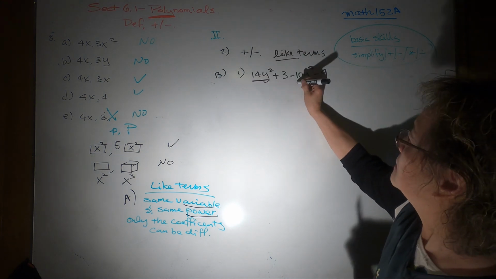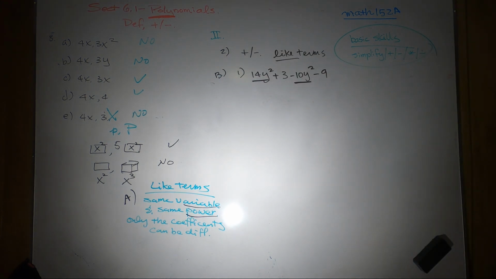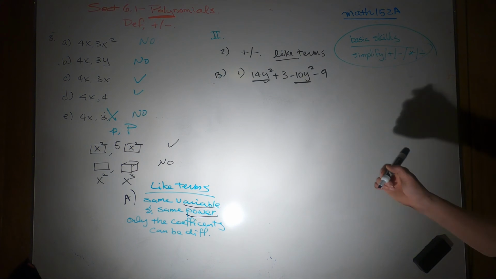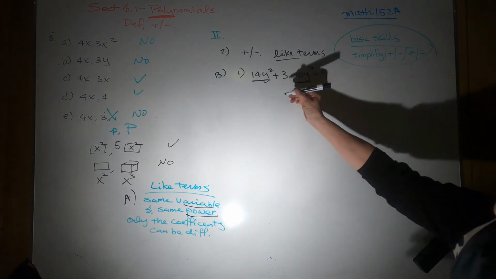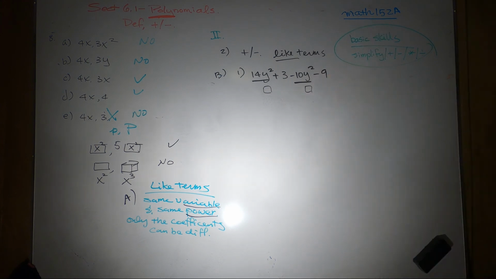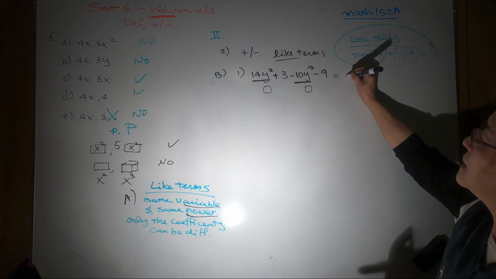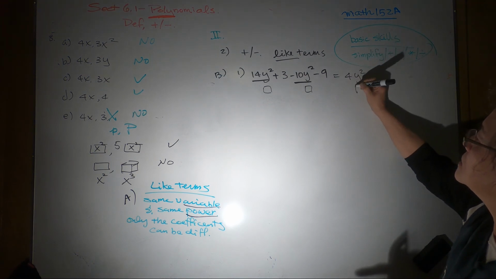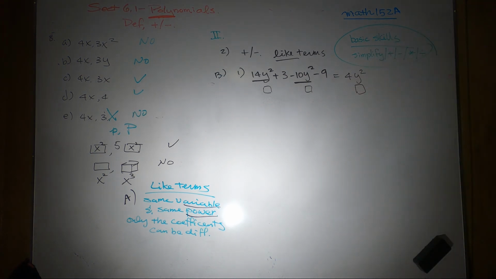Yes, those y's, right? So 14y squared minus 10y squared, what do you think? I have 14 of the squares minus 10 of the squares. How many got left? 4 squares left, 4y squared, right?